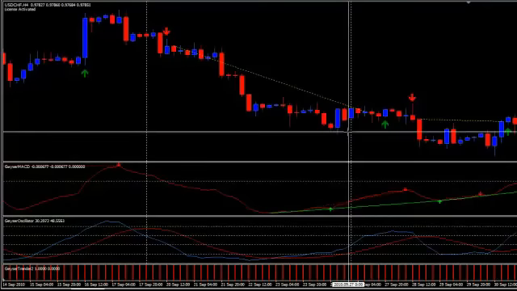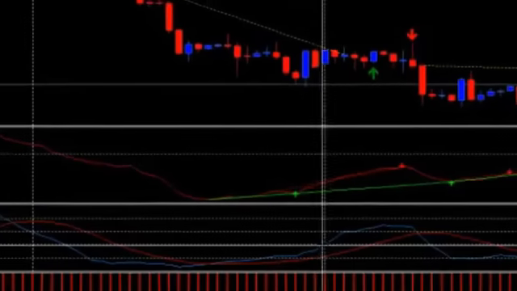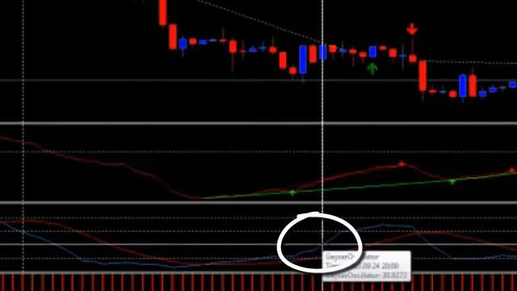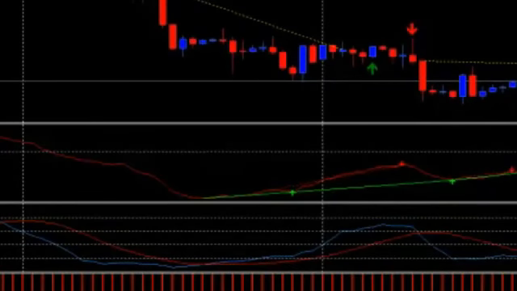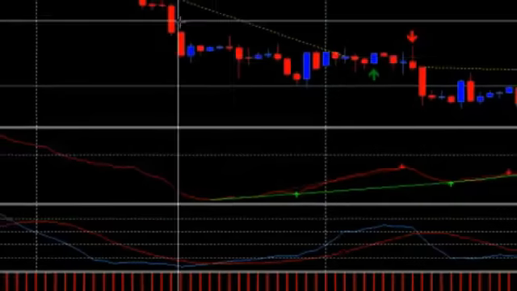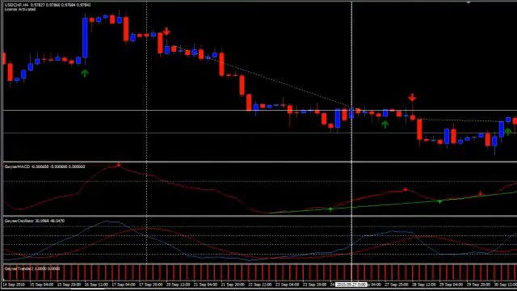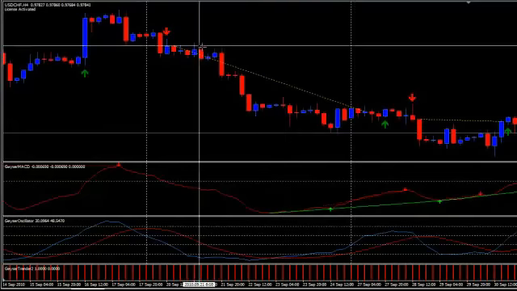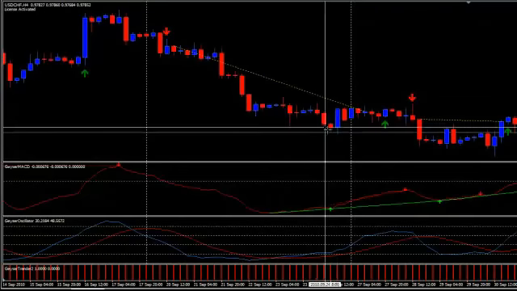Now, on September 27th, we obtained the second signal from the indicator Geyser Oscillator to close the deal, and I did so.